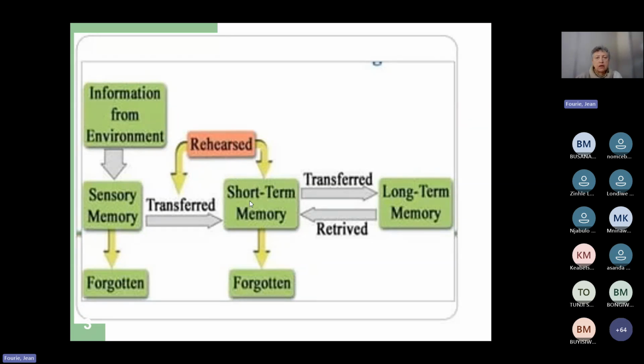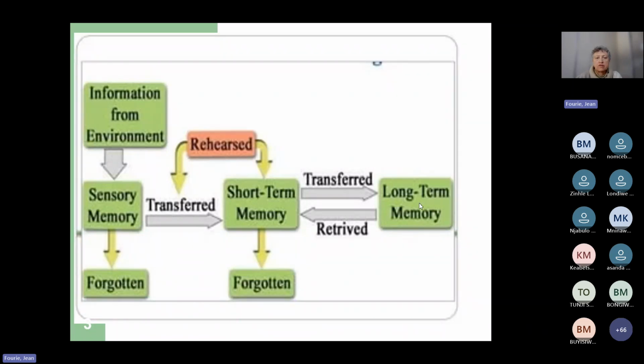And information is forgotten at the short-term memory stage. So a lot of information that we're working with, we will forget, and only a small fraction will be transferred into long-term memory.